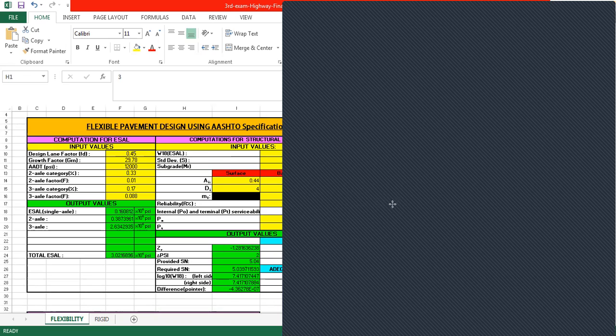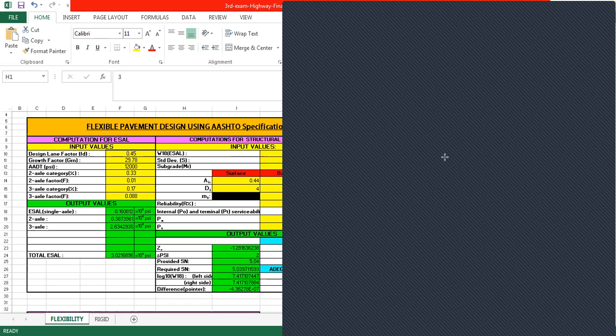We have all the given data here, and that is what we're going to use for the input in this Excel program. So for the design lane factor, we have here the 45% or 0.45. We have here the growth factor, which is 29.78.